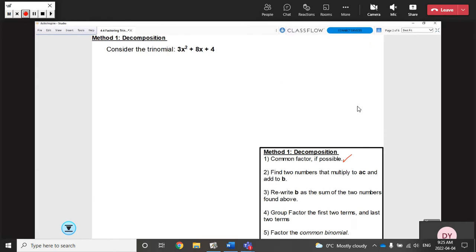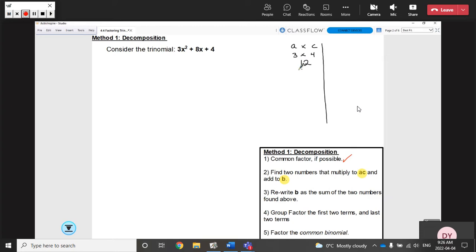So now our next move is to figure out two numbers that multiply not just to the last term, not just to 4, but to a times c. And then the same numbers have to add to b. So we're still adding to b here. Our a times c is really 3 times 4, and that's 12.